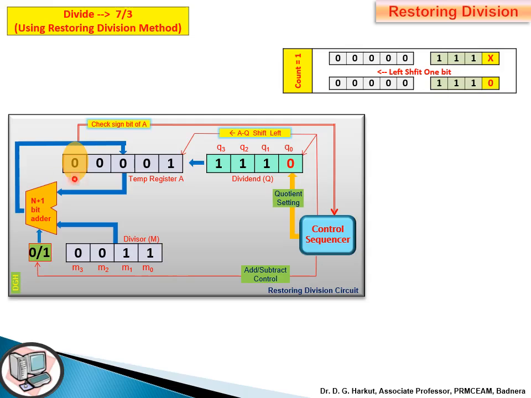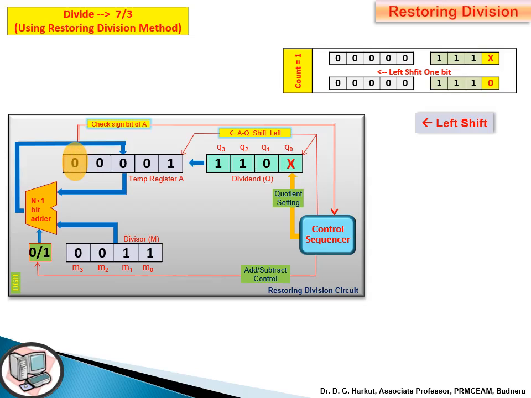Content of register A and register Q are shifted left 1 bit. After left shift, content will be like this. We need to decide whether to put 0 or 1 depending on the sign bit of temporary register.